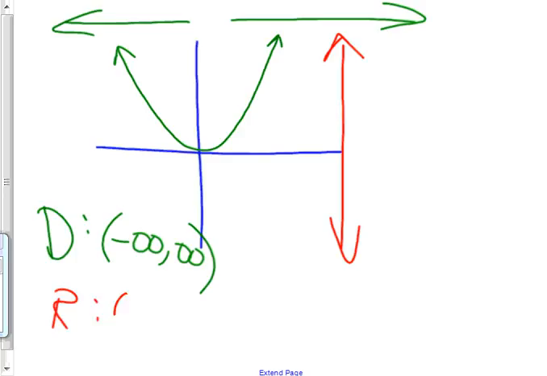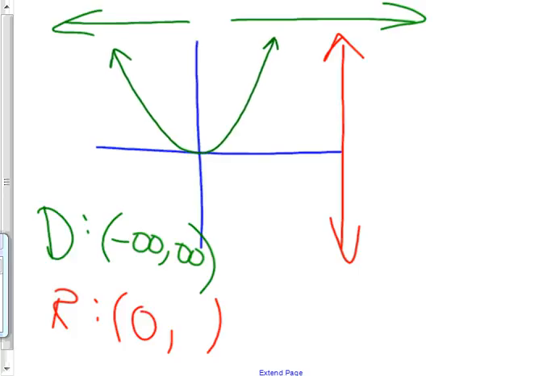You always have to put the smallest number first. What's the smallest that the range can ever be here? 0. And technically I'm not touching 0 here, but I'm going to move it down. There, it's touching 0 now, so I should put a bracket on the 0. It goes from 0 to, what's the biggest it'll ever be? Infinity. Good. Seems like you guys remember range and domain.